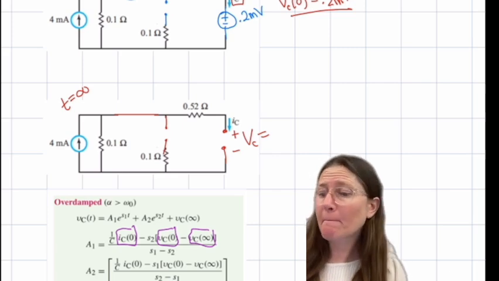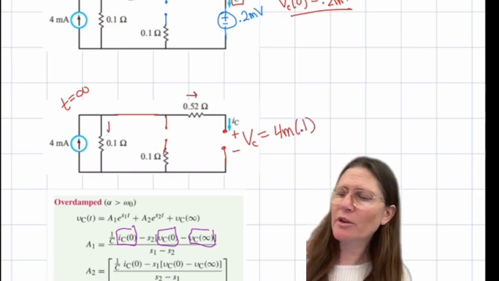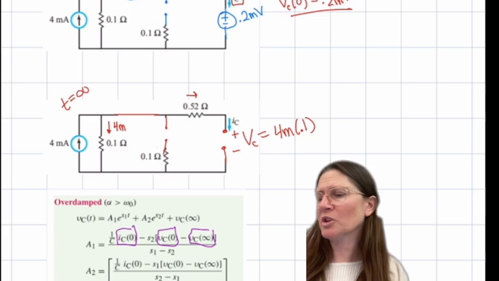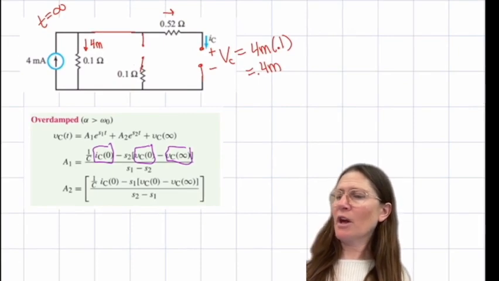Will be what? 4 times 4 milliamps. Correct. So no current in here, so all the current goes through here, 4 milliamps. So we just use Ohm's law, 4 milli times 0.1 for 0.4 milli. So now we have all of the values we want.